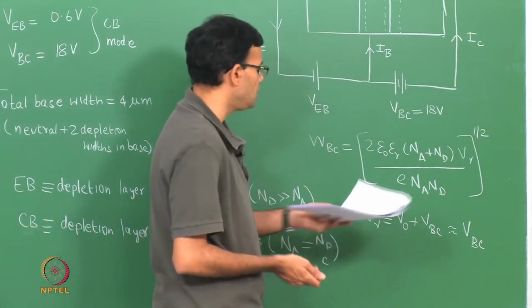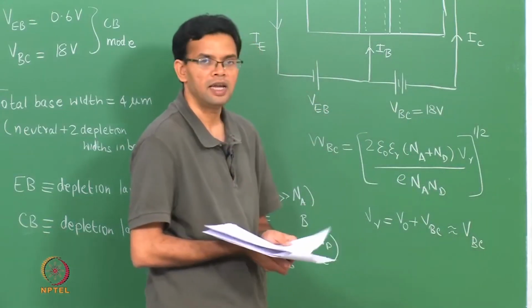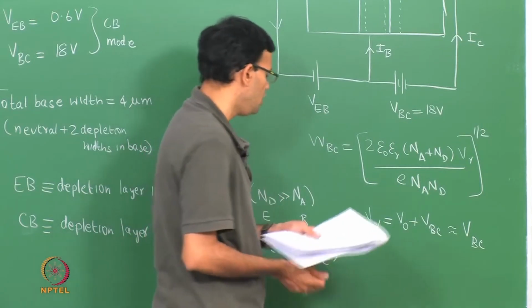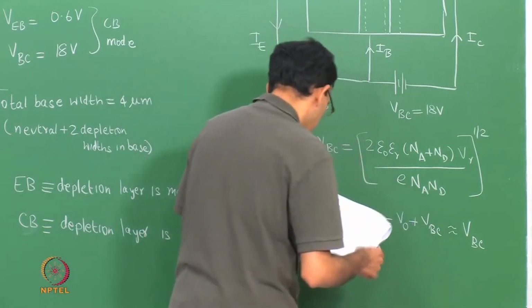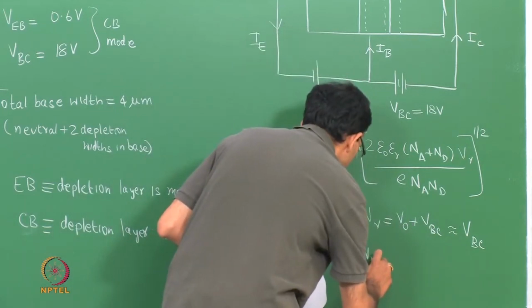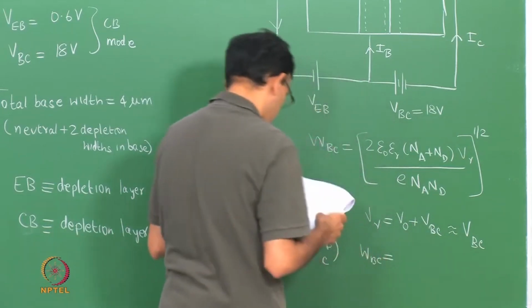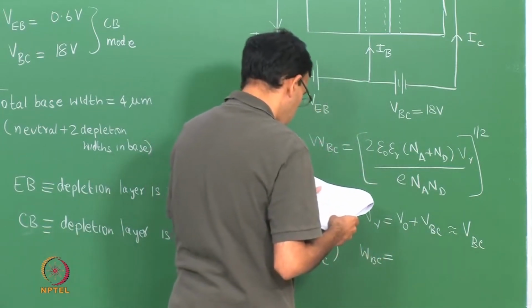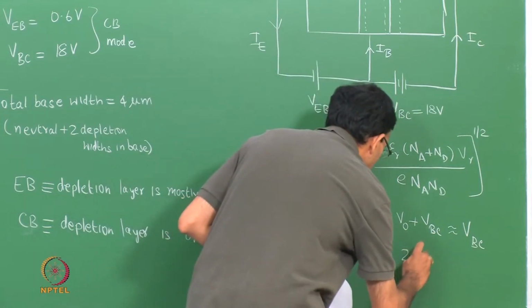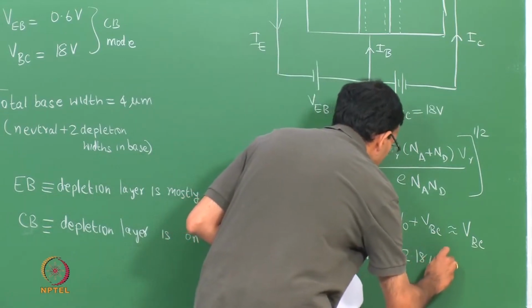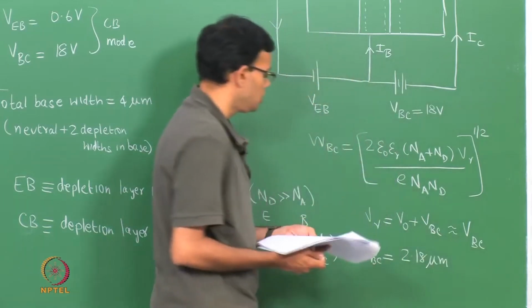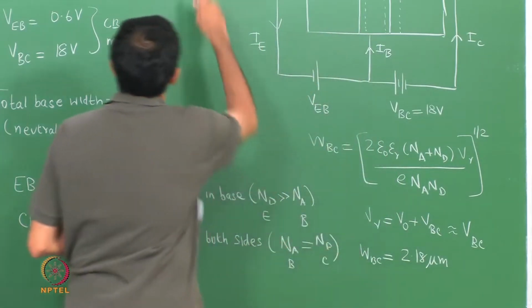We can plug this in the formula. All the numbers are essentially known, from which we can calculate WBC to be equal to 2.18 micrometers.